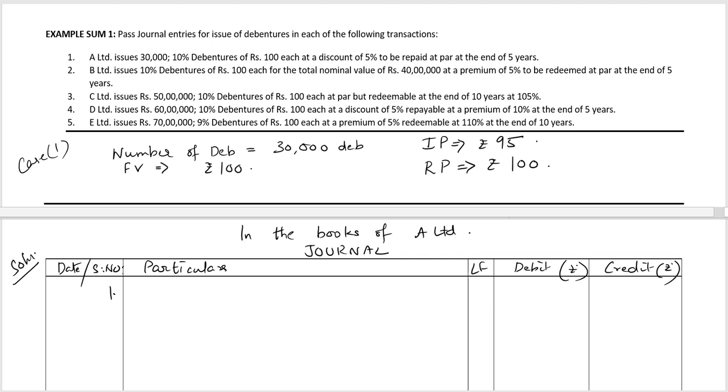The first entry is for the receipt of the application and allotment money. Bank account debit to debenture application and allotment account.